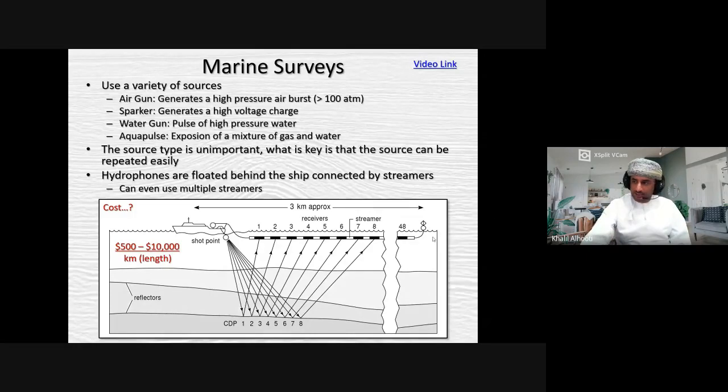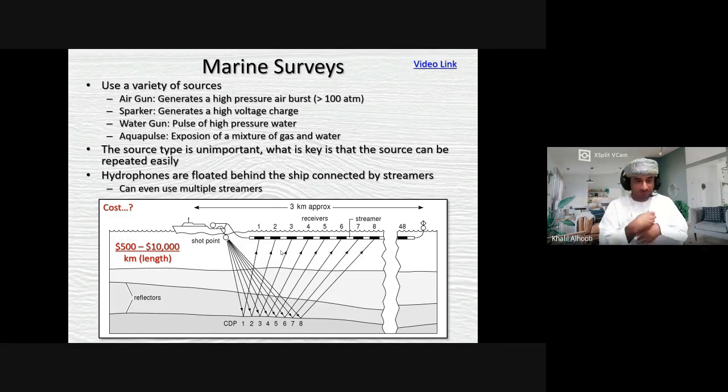Whereas in marine, you just tie behind the streamer something called a tail buoy. It has two functionalities. One is to keep the streamer at a certain depth. The other is to record the XYZ location.